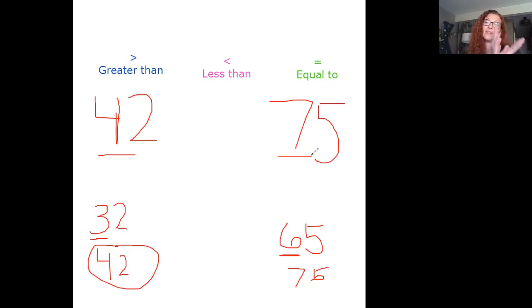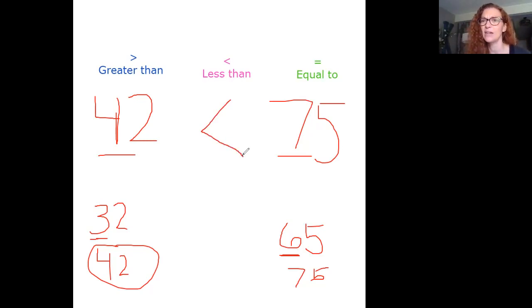Alligator eats the bigger number. So go ahead and draw your symbol. Show me. Yes, the alligator wants to eat the 7 because 7 is greater than 4.